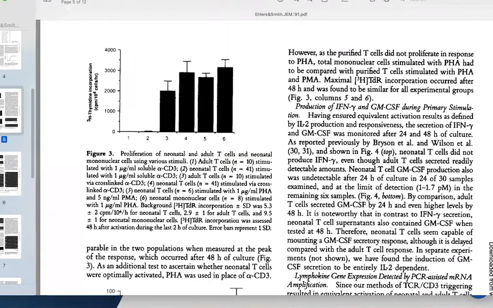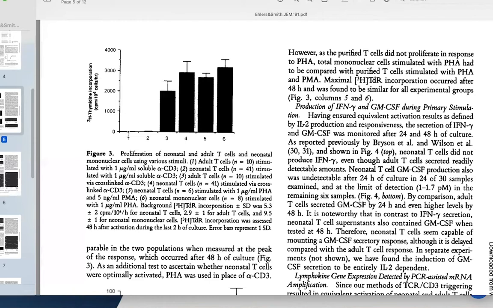So then we wanted to look at the proliferation of these cells and compare the purified T cells to the whole mix of mononuclear cells, and to see whether or not they were equal or not. And so in lanes 1 and 2 here, we're still looking at thymidine. We're still looking at proliferation.